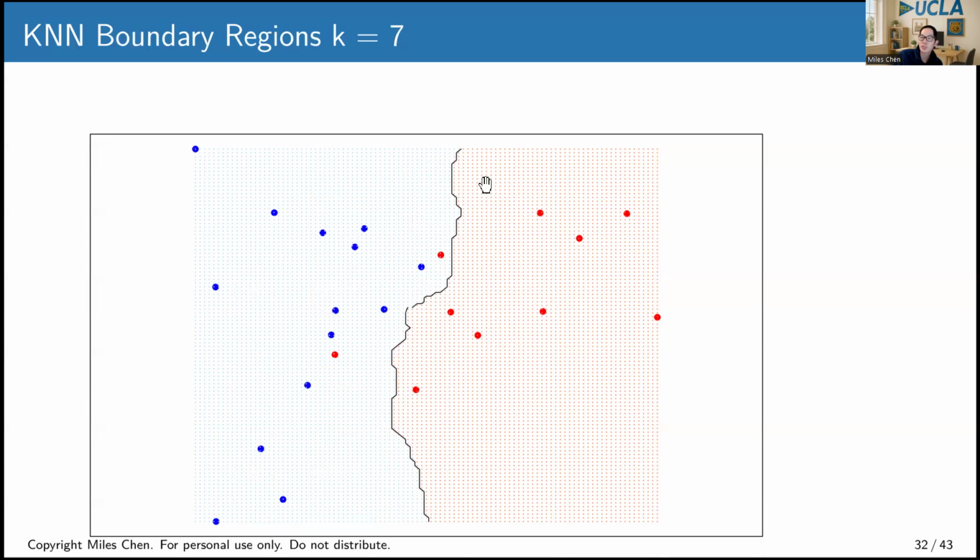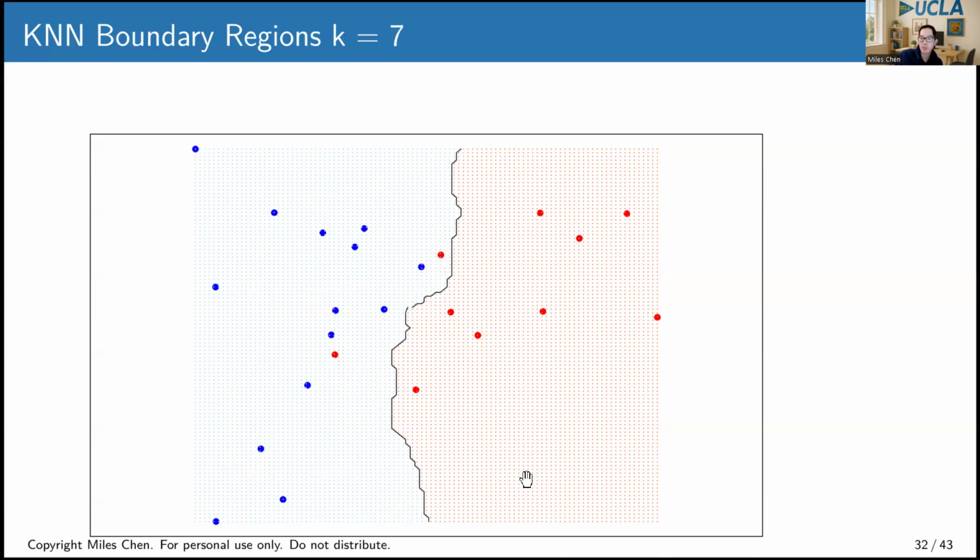We're taking into account more neighbors, and so it is less affected by local variation. So for example, with k equal to 1, this one red point, which seems out of place, greatly influences where the boundary is.